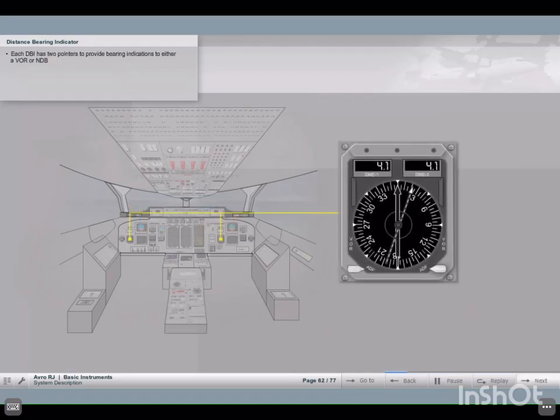Each DBI has two pointers to provide bearing indications to either a VOR or NDB. A dashed single shaft pointer relates to either VOR number 1 or ADF number 1. A double shaft pointer relates to either VOR number 2 or ADF number 2.